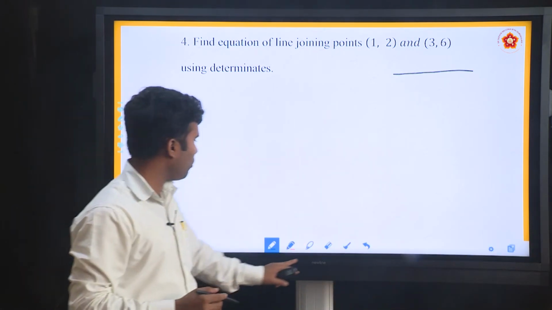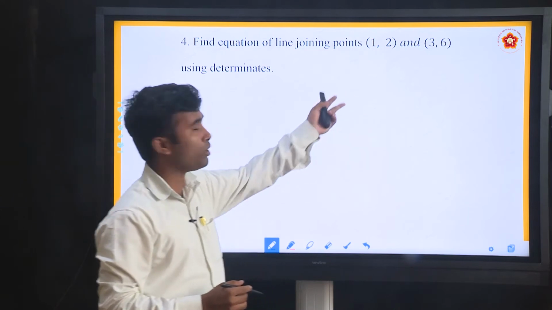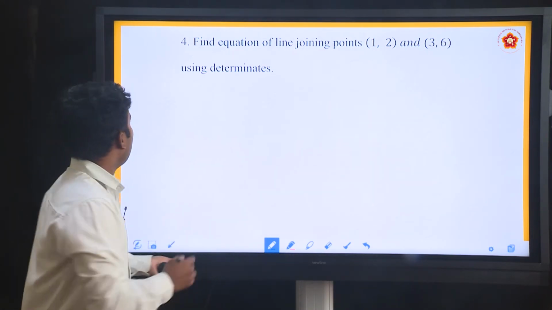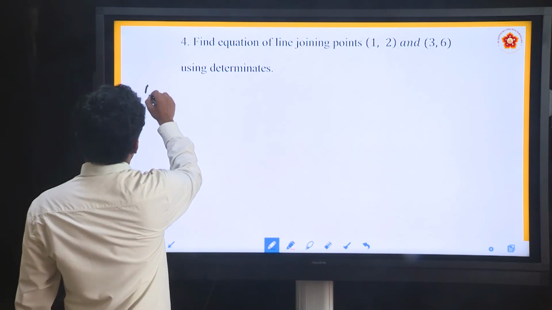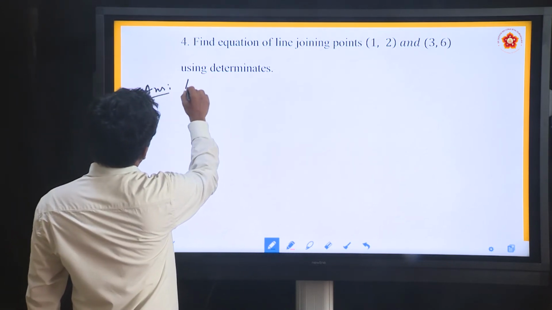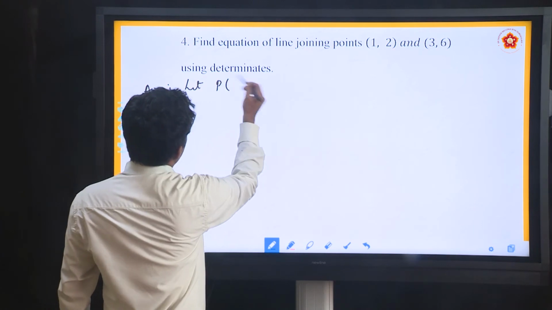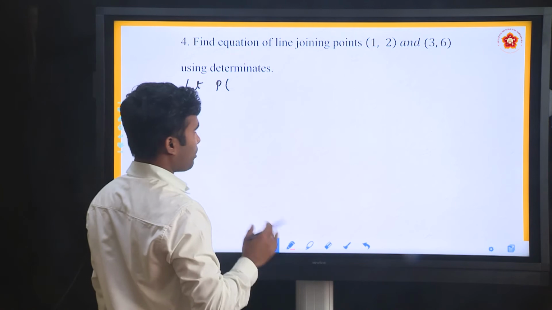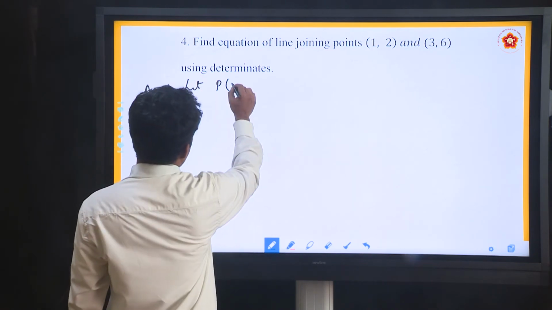So, here we require one more point to use the formula. What I am going to do is consider one point which lies on the line joining points (1, 2) and (3, 6). I will consider this arbitrarily.